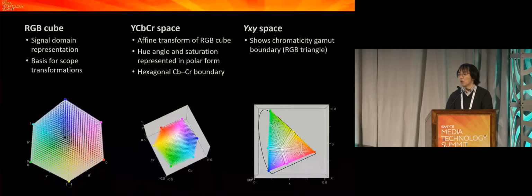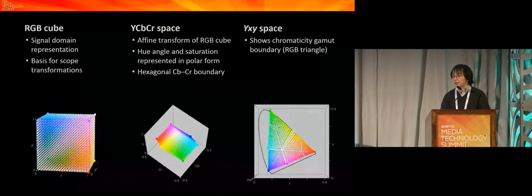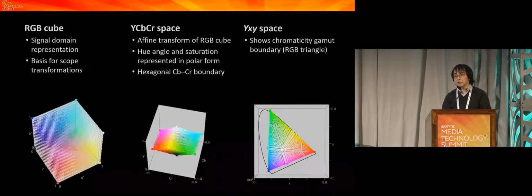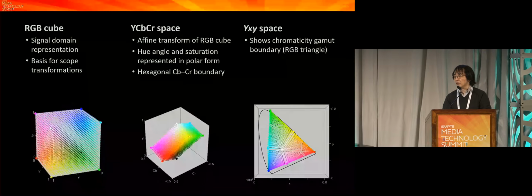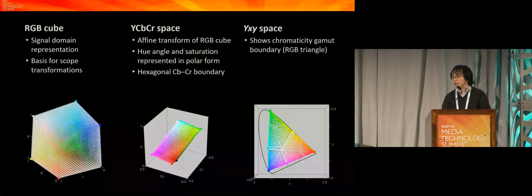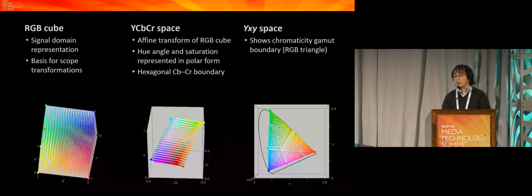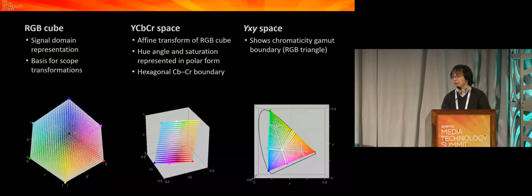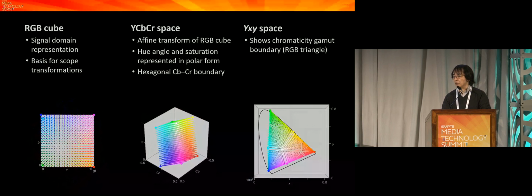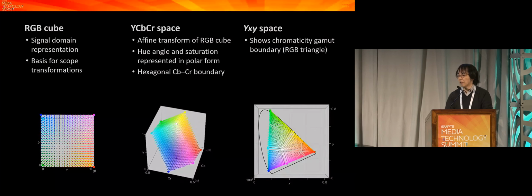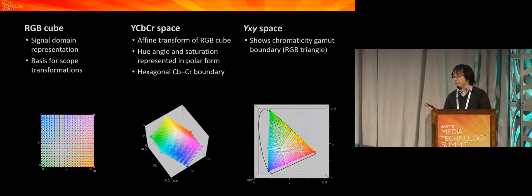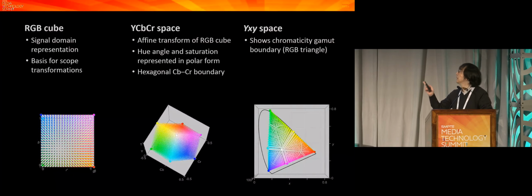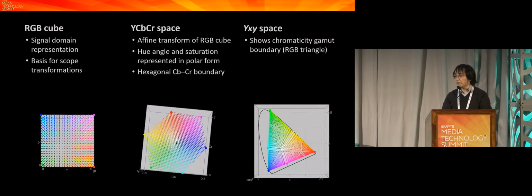In the middle, in the YCbCr space, we can observe the affine transformed RGB cube. And the hue angle and saturation are represented in polar form in the CbCr diagram from the top view, forming the hexagonal CbCr boundary. We can see the hexagonal boundary.